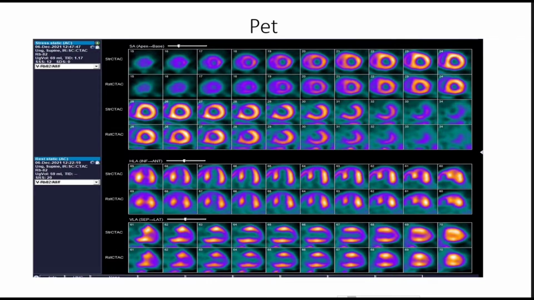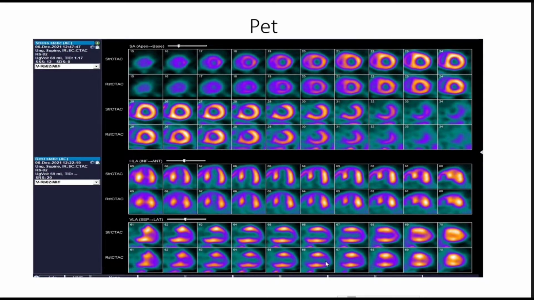So her PET is here now. If we look at her PET, she also has TID on this exam, but she has a clear perfusion defect that we see out towards the apex, and we see it in basically your 4-chamber view as well as your parasternal long view, that you're seeing this apical defect.